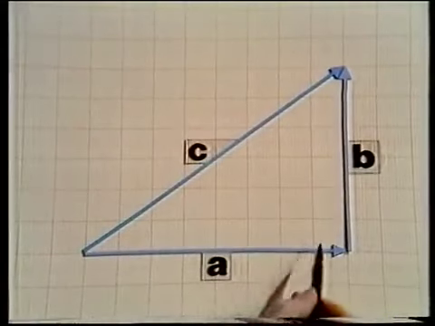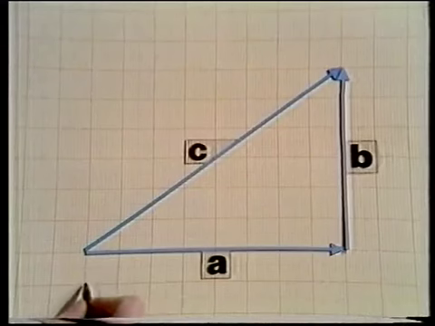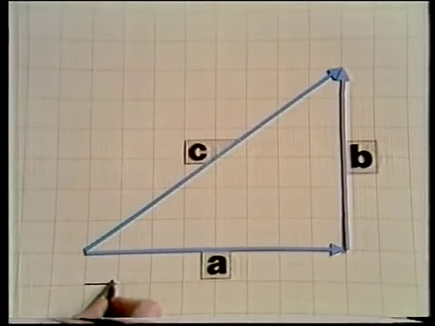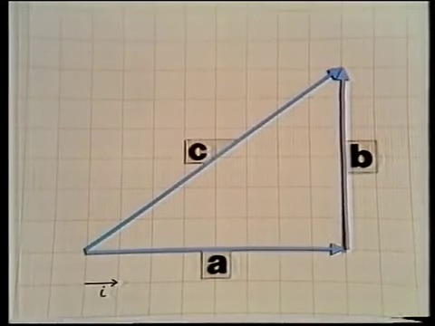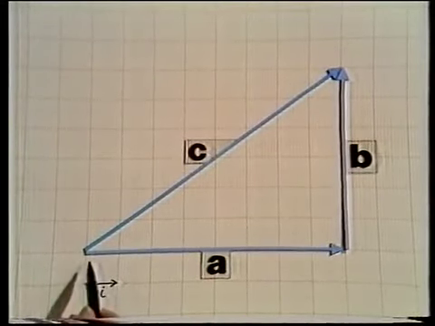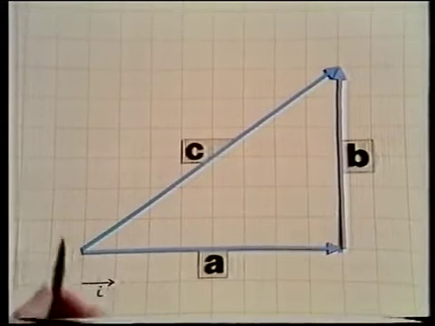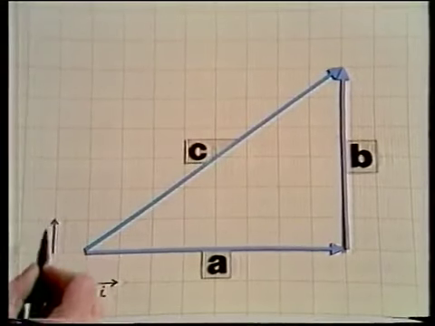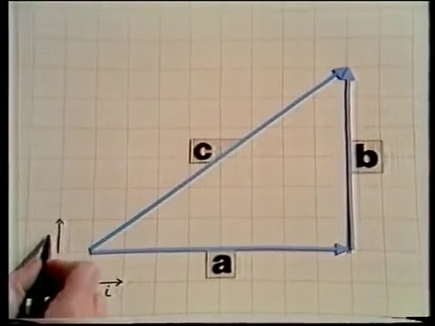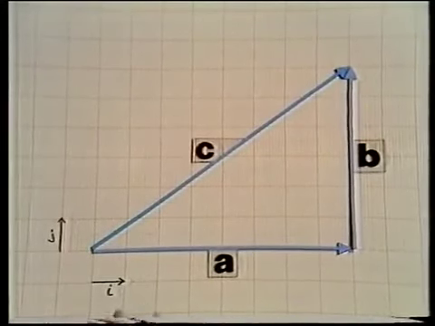Now, this vector A I can think of as being a scaling of a unit vector, a vector of unit length in the x direction, which is denoted by I, and then A is just A times this vector I, and the vector B, again, can be thought of as a scaling in the y direction by taking B times J, a vector of unit length in the y direction.